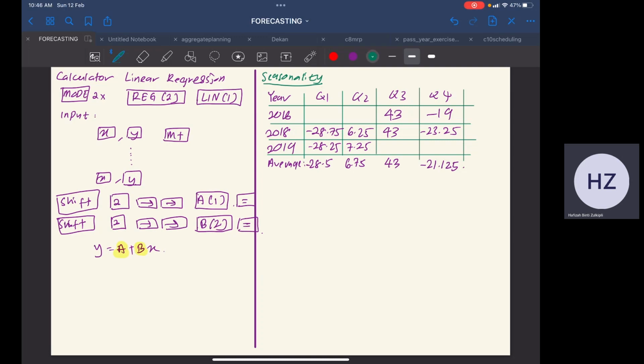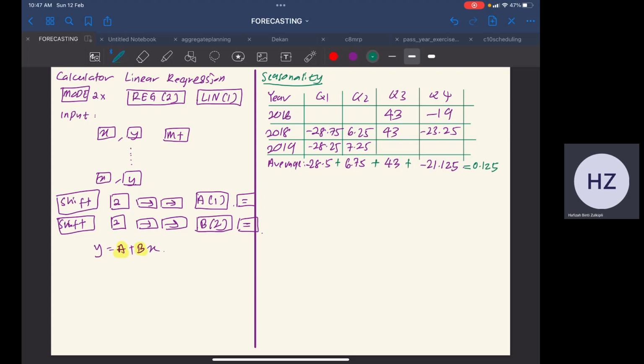Okay, the next one is to sum all of the values here. If the sum is equal to 0, you will not do any adjustment. So we need to sum this part first. Negative 28.5 plus 6.75 plus 43 minus 21.125.